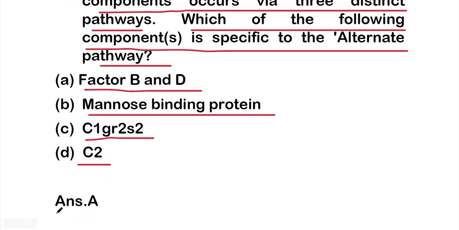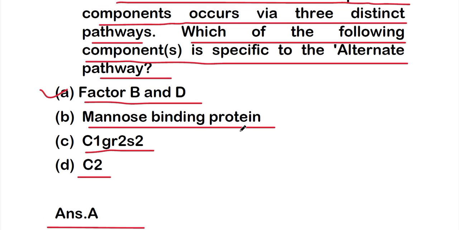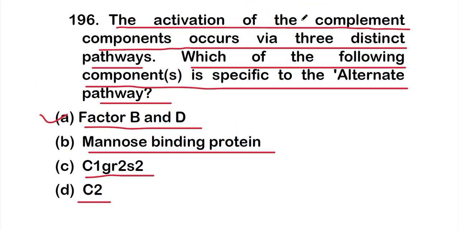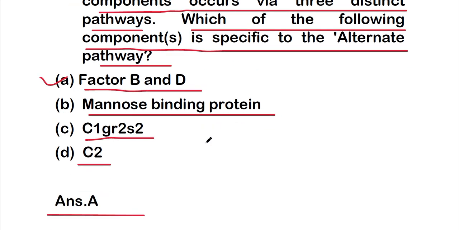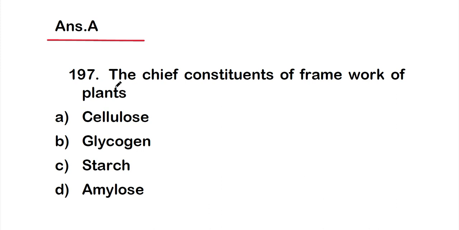So the right answer is option A, that is factor B and factor D. So the factor B and factor D components are specific to the alternate pathway of complement. So next question, let's see. Next is 197.